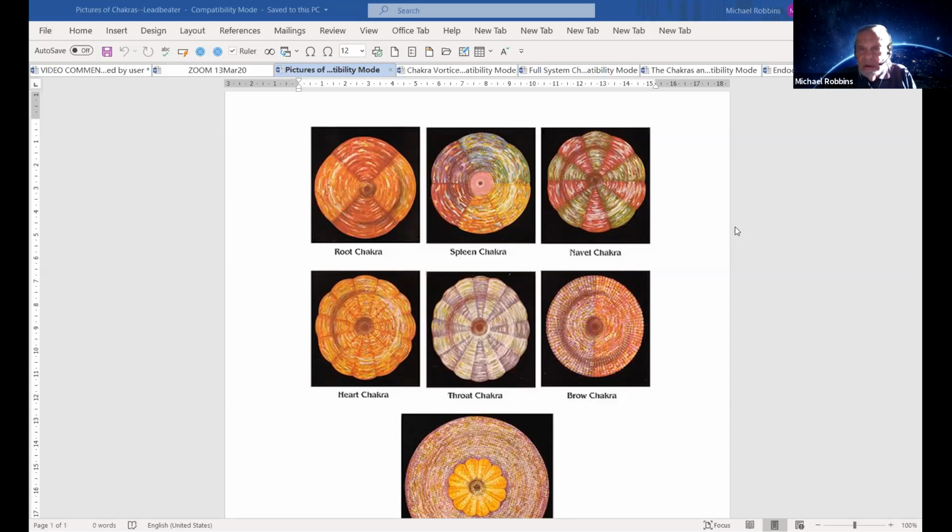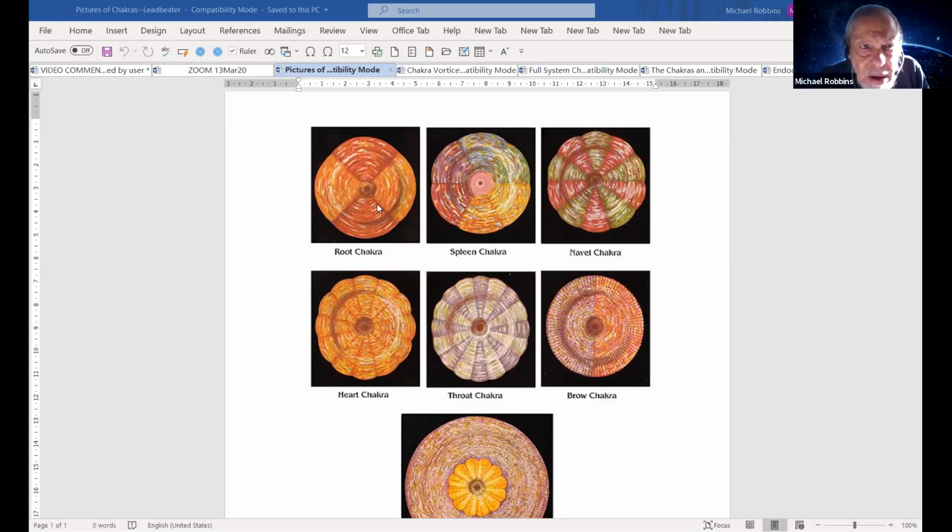Yellow is a Buddha color, but so is blue. So there may be some better images somewhere. At the moment, these are the ones that seem to be appearing, and the images are from his book on the chakras.